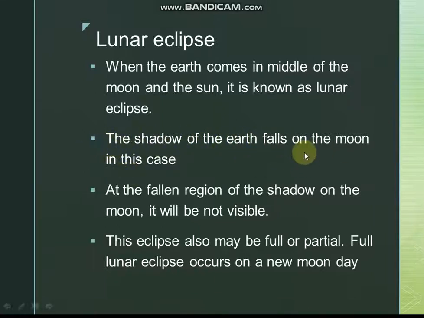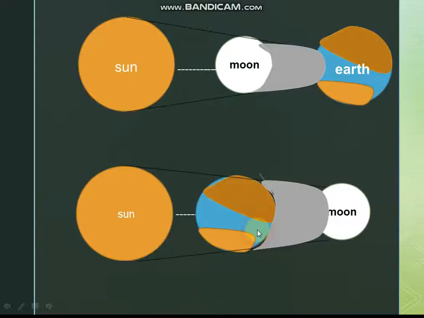The shadow of the earth falls on the moon in this case, and the region of the moon where the shadow falls will not be visible. The visible part of the moon is not affected by the shadow, and because of the sunlight we can see that part. This eclipse also may be full or partial like the solar eclipse. Full lunar eclipse occurs on a full moon day.